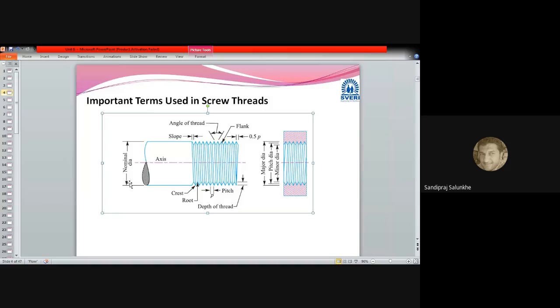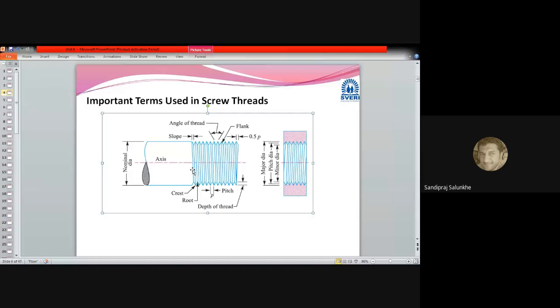Now first of all, we'll say the nominal diameter of this bolt. This nominal diameter of the bolt is important when we are going to calculate the strength of the bolt. I'm talking about the strength of the bolt, not the strength of the threads. The strength of the bolt is calculated based on the nominal diameter. Whereas if you go further, you will find that the valleys and crests are created on this nominal diameter.